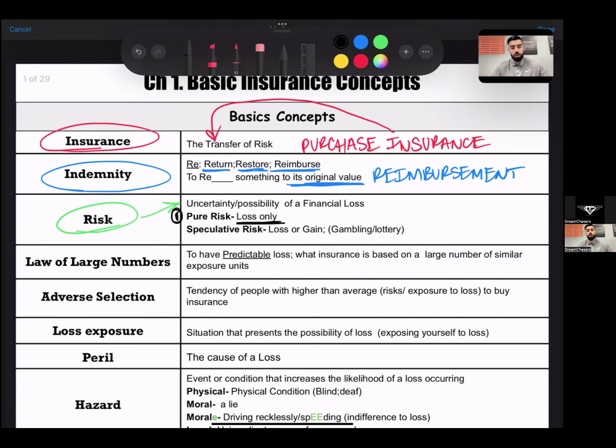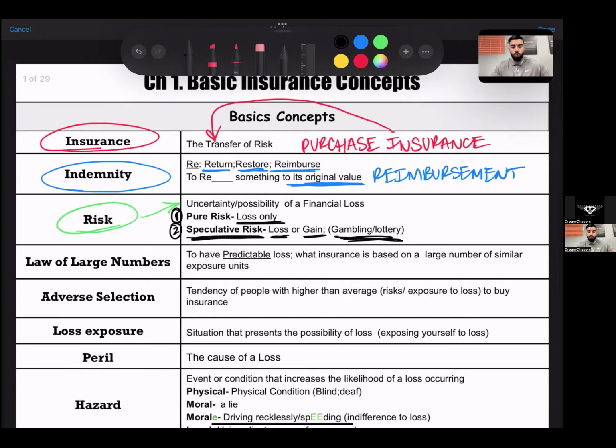The second type of risk is what is known as speculative risk. Speculative risk is where there will be either loss or gain, meaning there can be a loss of money or there can be a gain of money. An example of that would be gambling or playing the lottery.